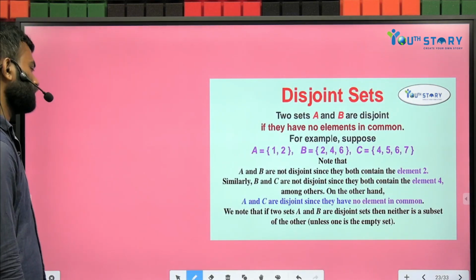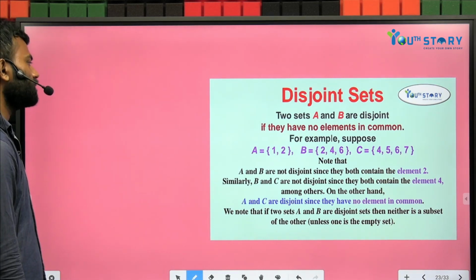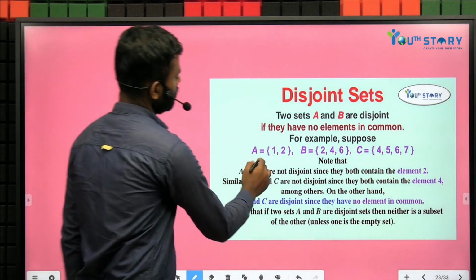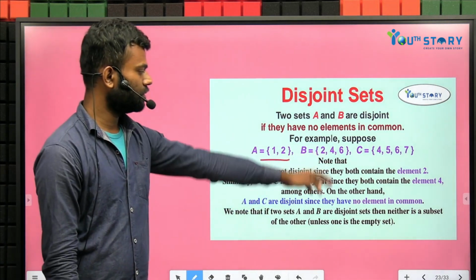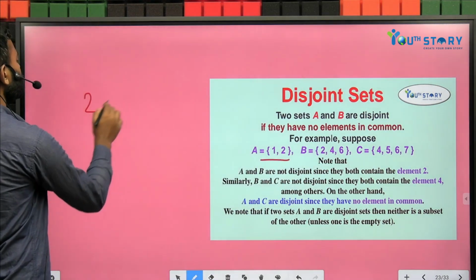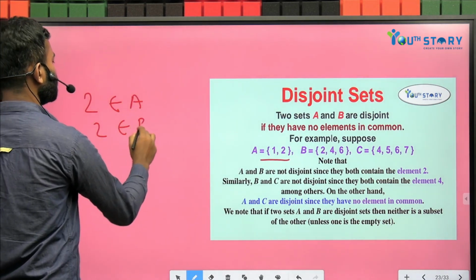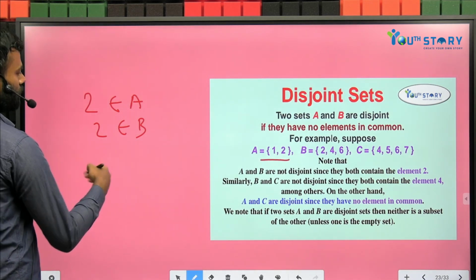Disjoint sets: two sets A and B are disjoint if they have no elements in common. If we consider A equal to {1, 2} and B equal to {2, 4, 6}, then 2 lies in A and 2 lies in B. That is okay.